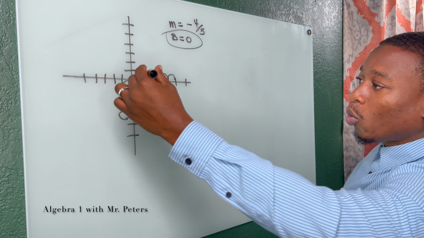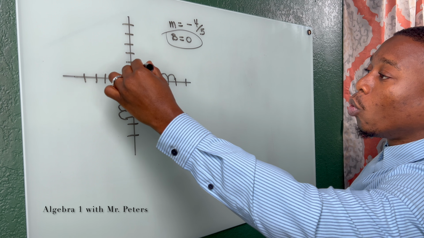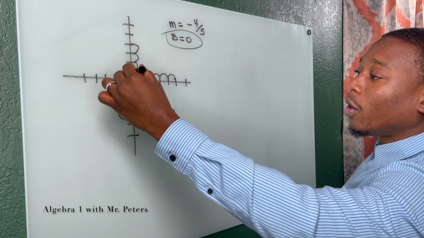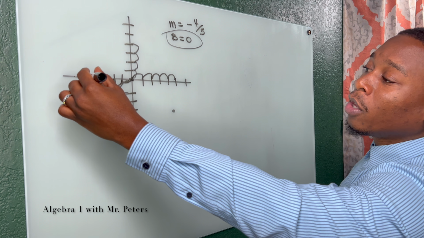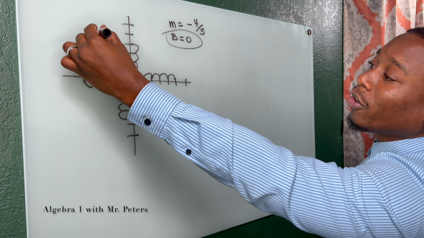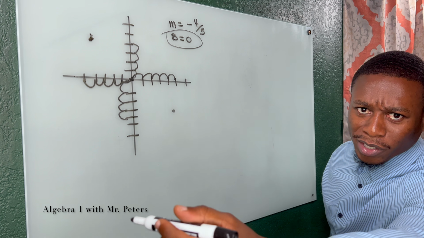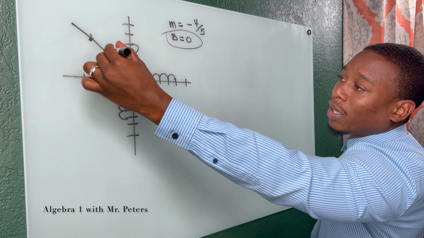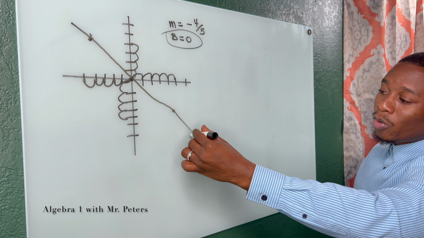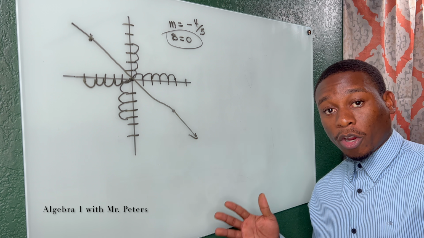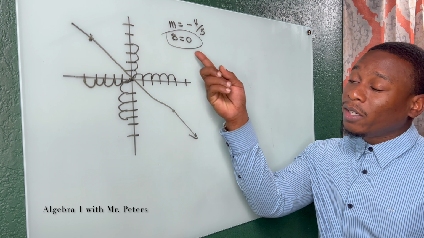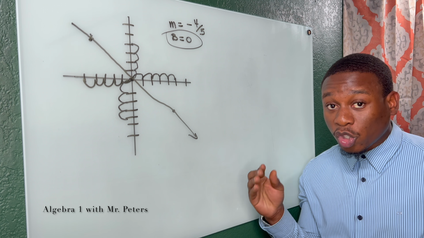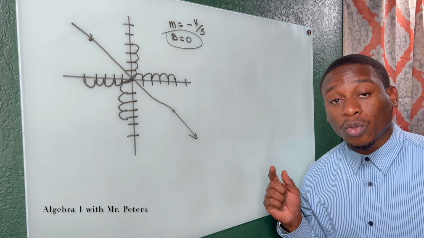Now, if I went the other way, up 1, 2, 3, 4, and then over 1, 2, 3, 4, 5, will probably be somewhere right here. And I'm just estimating, guys. Don't beat me up. All right. And then once we draw a straight line, we'll notice that all three of those points are going to be there for that line. So just please make sure that when the y-intercept is 0 or they don't include it, you understand that that line is going through the origin.